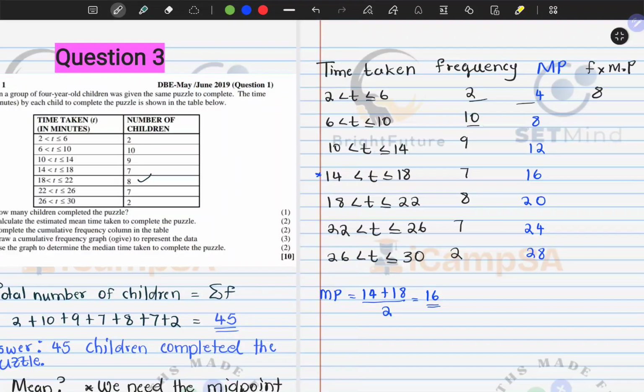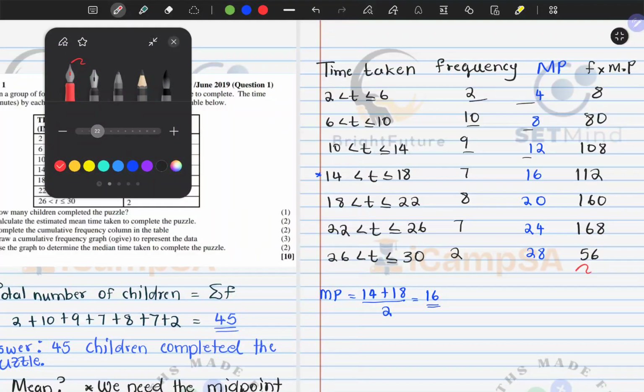Then 10 times 8 gives you 80. 9 times 12 gives you 108. 7 times 16 gives you 112. 8 times 20 gives you 160. 7 by 24 gives you 168. Then 2 by 28, and that gives you 56.